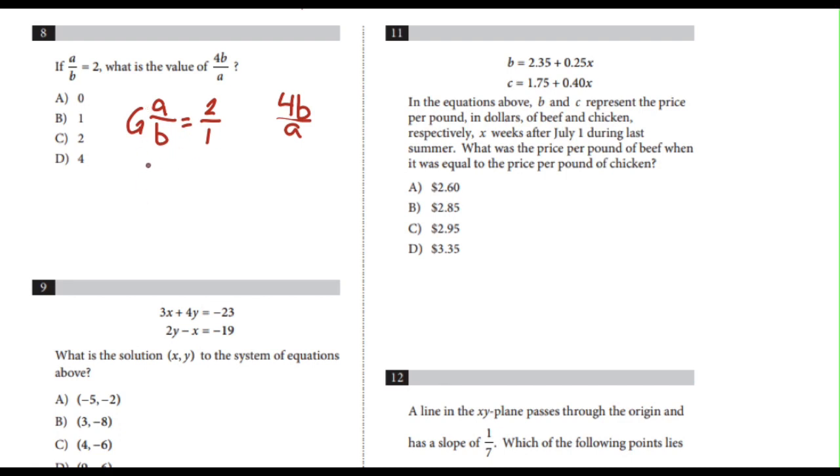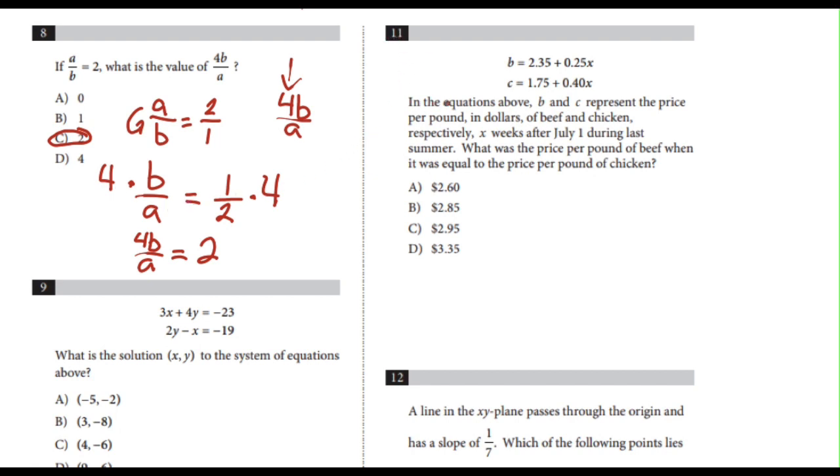If we flip both sides, we'll get B over A equals 1 over 2. Now, we're not looking for B over A, we're looking for 4B over A. So all we have to do is multiply each side by 4. And then we'll get that 4B over A equals half times 4, which is 2. So the answer for number 8 is 2.